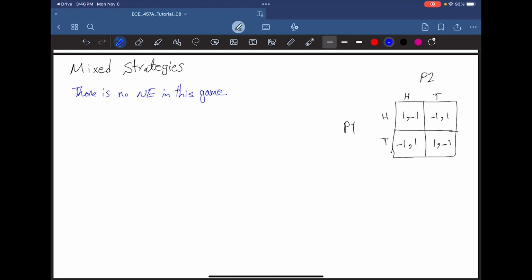So if we play this game, we should be unpredictable. Therefore, we must randomize or mix between strategies.